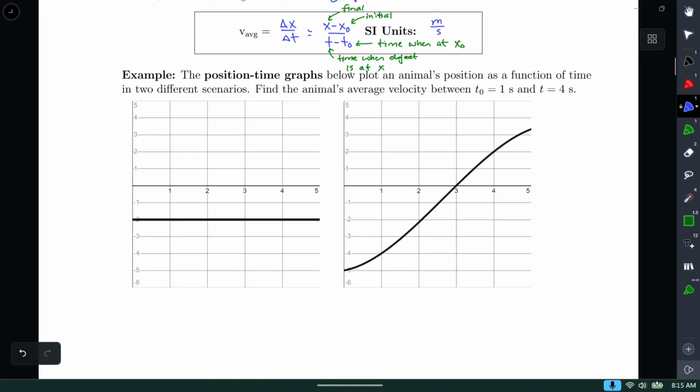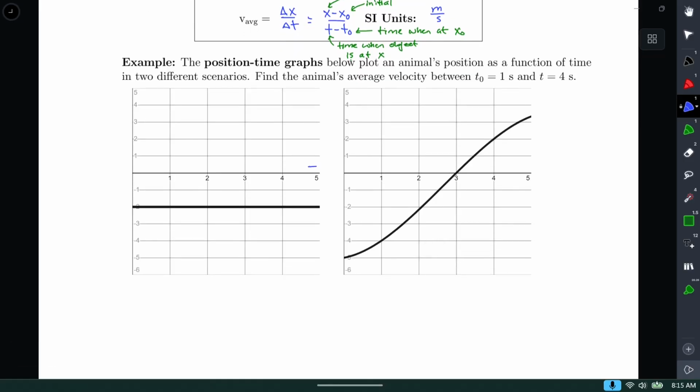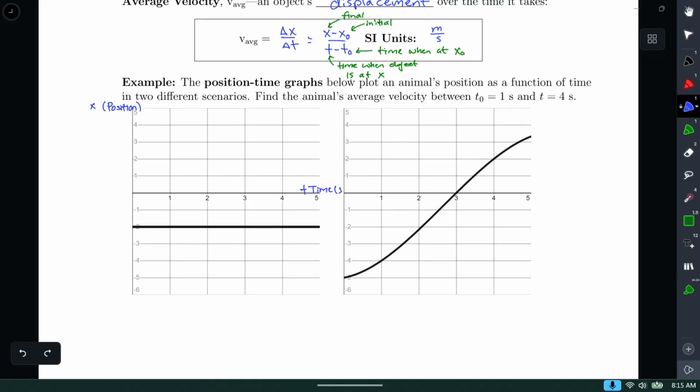These graphs can be kind of confusing because the time axis is the horizontal axis, and that forces the position to be the vertical axis. It feels a little bit backwards. So this is t for time in seconds, and then x for position in meters.